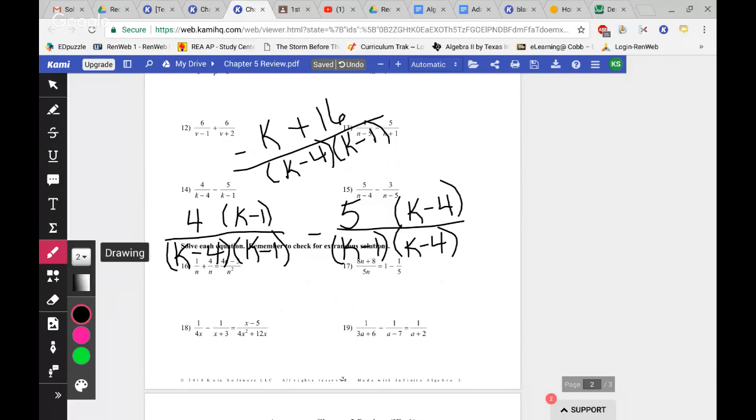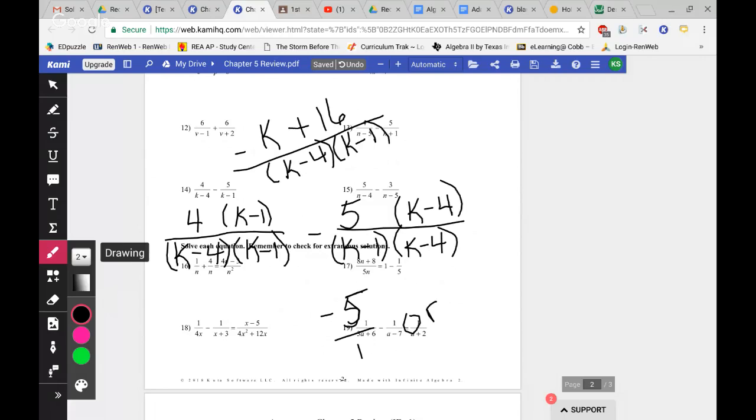With a negative fraction, only the top or the bottom have to be negative. And since we're distributing it at the top, we don't have to worry about the bottom because, let's just say 5, just to make this simple, I'm just going to use numbers instead of bringing in letters. But negative 5 over 1 gives me a negative number.